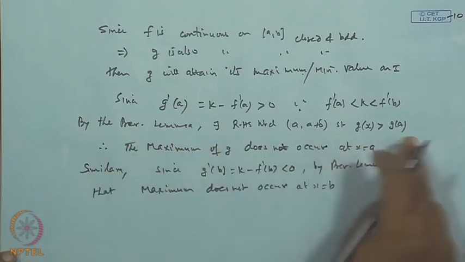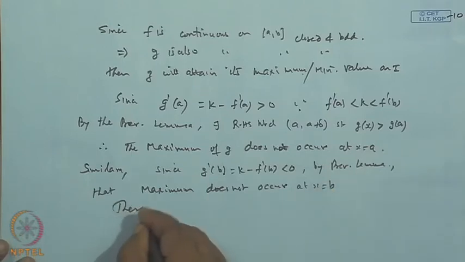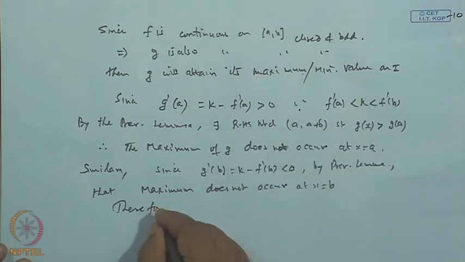So, it occurs neither at x equal to a nor at x equal to b. But the maximum should be attained because g is continuous over the closed and bounded interval.